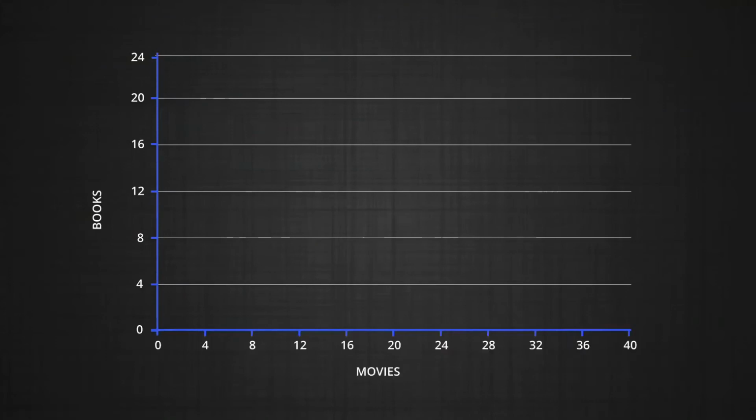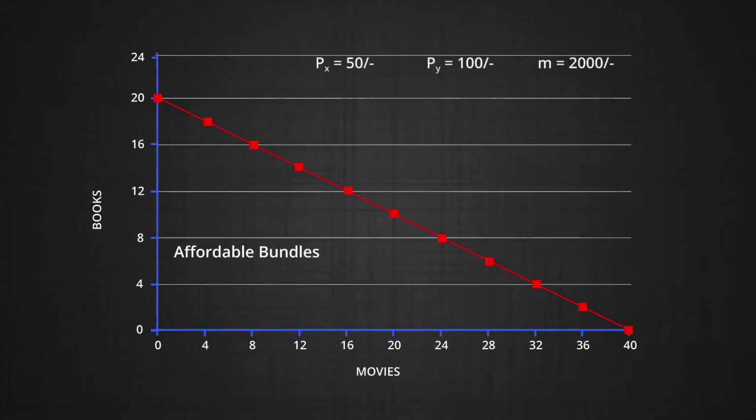The line in brick red color on the diagram shows all possible combinations of movie tickets and books exhausting the consumer's income for the given prices, and this is called the budget line. The triangular area formed by the two axes and the budget line constitutes the budget set, depicting all affordable bundles to a consumer.